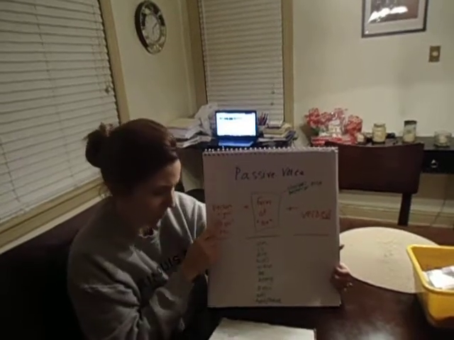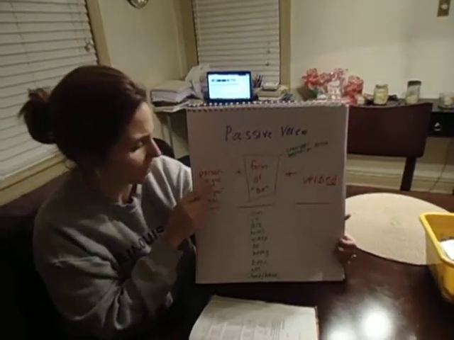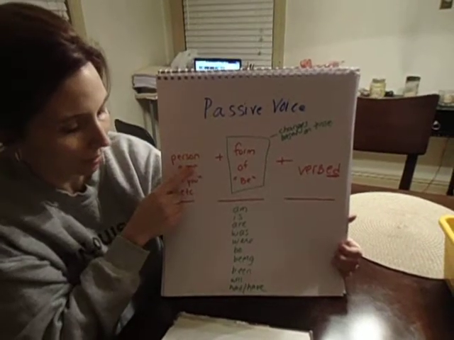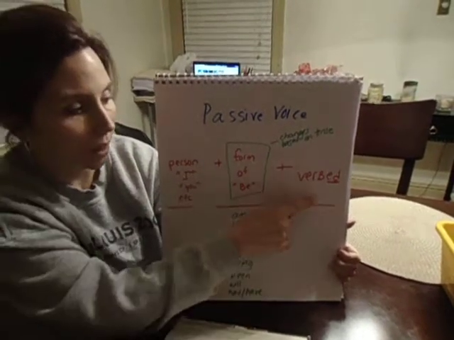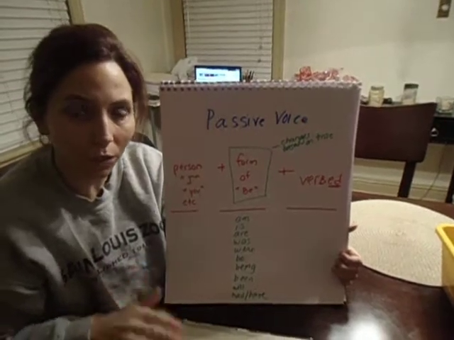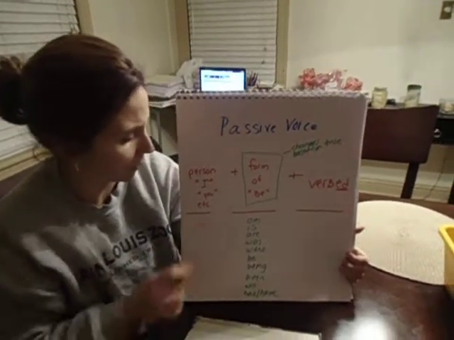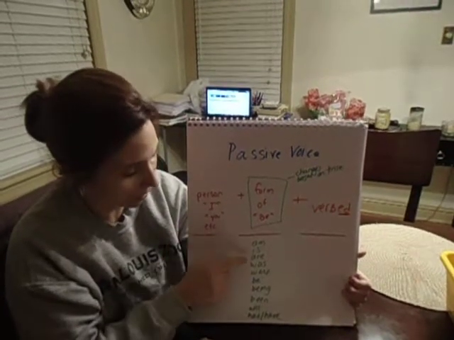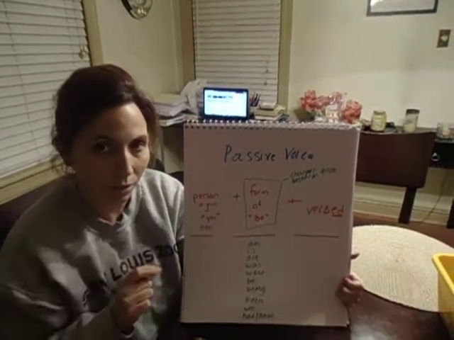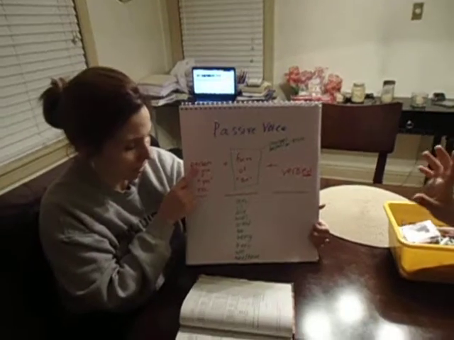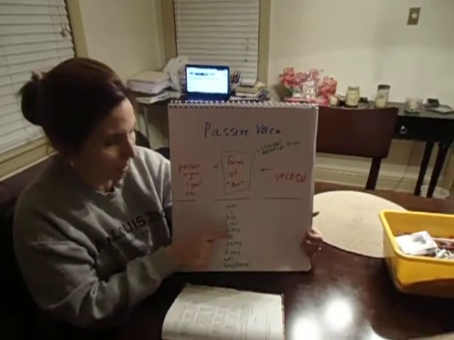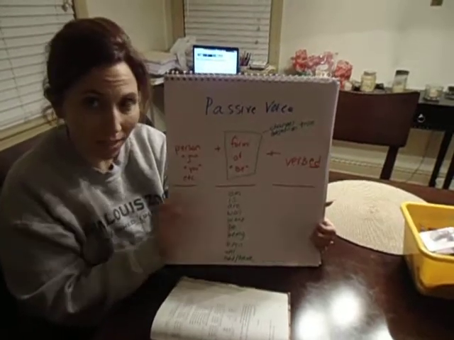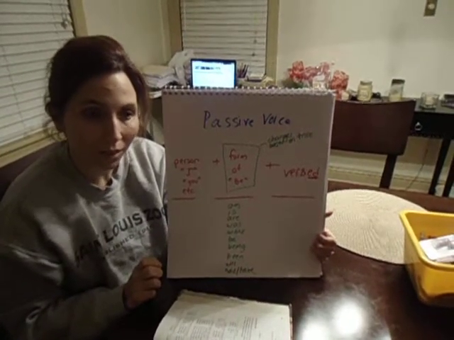I am loved. I was loved. Those are 2 different tenses of the passive voice. I am loved, present passive. I was loved. I will be loved. So this is the only thing in the passive voice that changes.